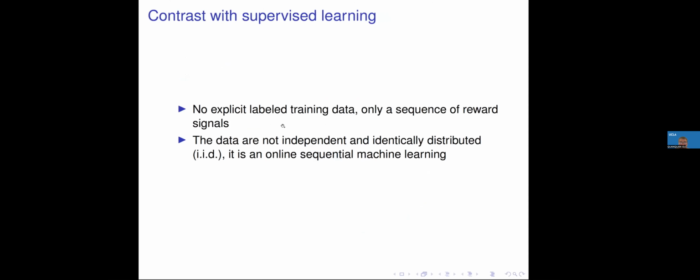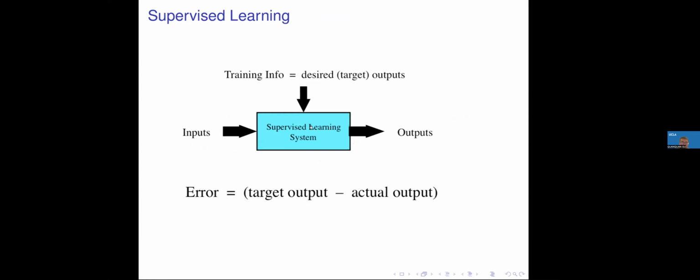And like I mentioned before, reinforcement learning is different from supervised learning because in supervised learning, there's labeled training data. Given an input, it also gives you the ground truth output. Then the learning algorithm will just take input and output and fit a classifier or a predictor to predict the output. The measure of success of supervised learning is to minimize the error between the ground truth output and the predicted output.